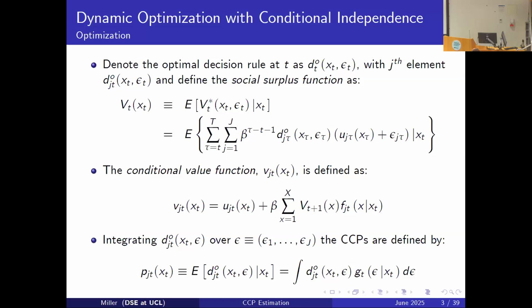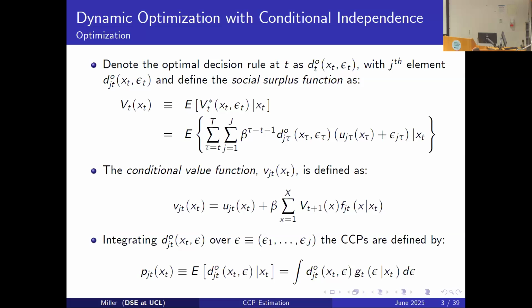And that social surplus function comes from making the optimal decision rule from here on out, where, of course, when you make that decision, you will see those epsilons even in today's period.